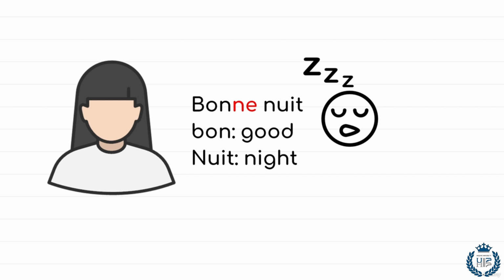We pronounce it the same. It's still pronounced bon, but because nuit is a feminine noun, we use this addition. You don't really have to know the details for now. Just know that bonne nuit means good night.